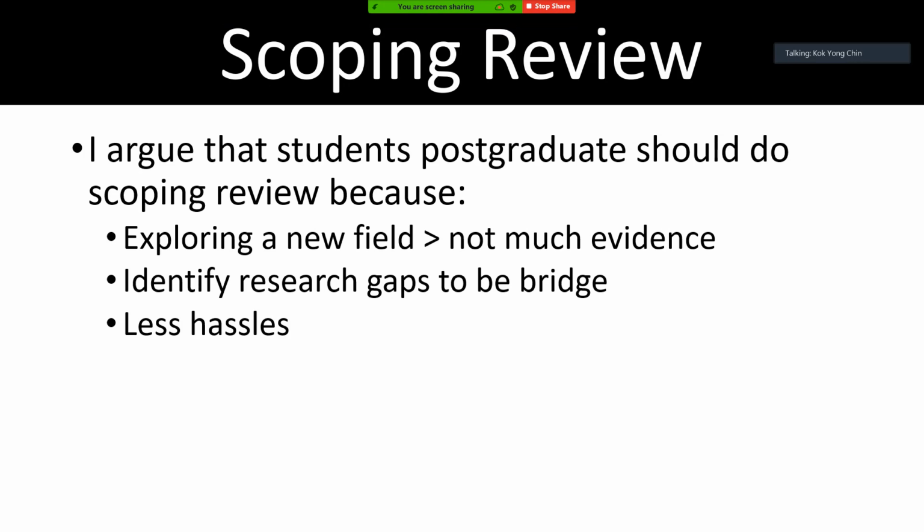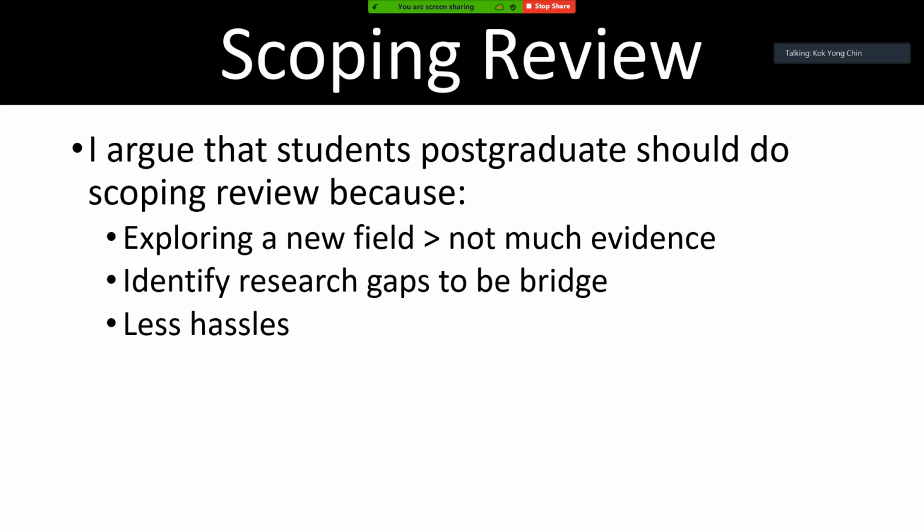By creating a scoping review, we also help students to identify research gaps to be bridged in a certain research field. Let's say you have summarized all the evidence of a field, and you found that most of the research is dedicated to cell culture studies, there are only a few animal studies, and there is a lack of human studies.